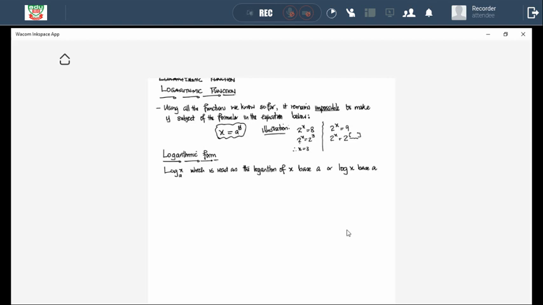That's how you read that mathematical expression: the logarithm of x base a, or just the log of x base a.